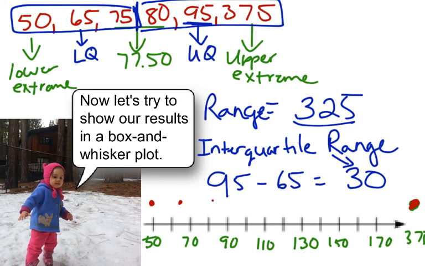So that is right about here. And then my upper quartile is 95, so again halfway between. And then my upper extreme is over here. So the end pieces are your whiskers. And then your box is your lower quartile and upper quartile. And then you just draw a line straight down your median. That is a box and whisker plot.